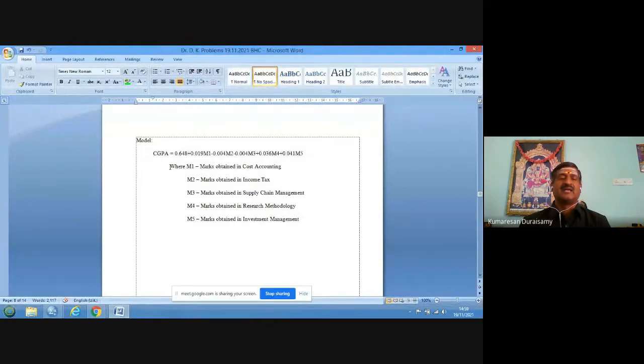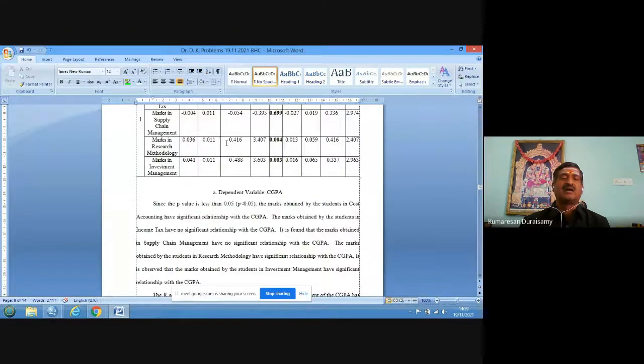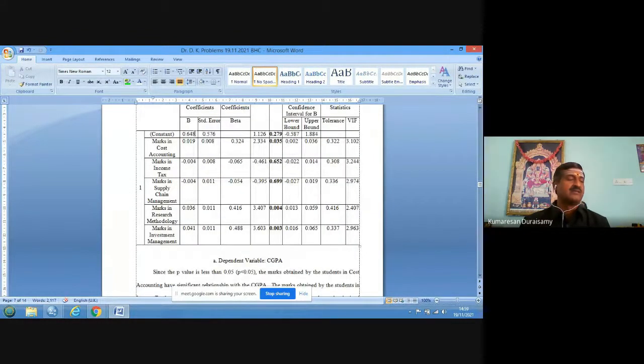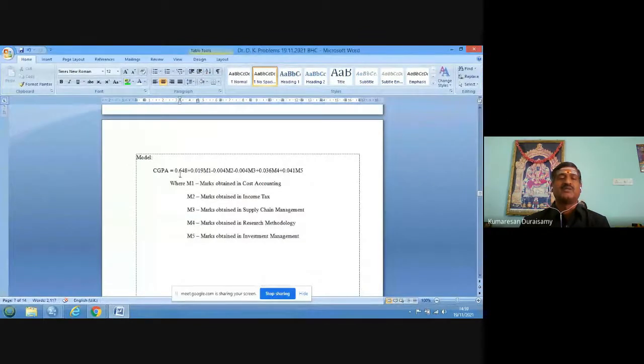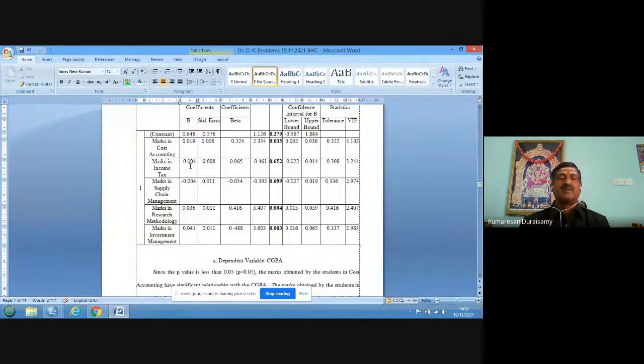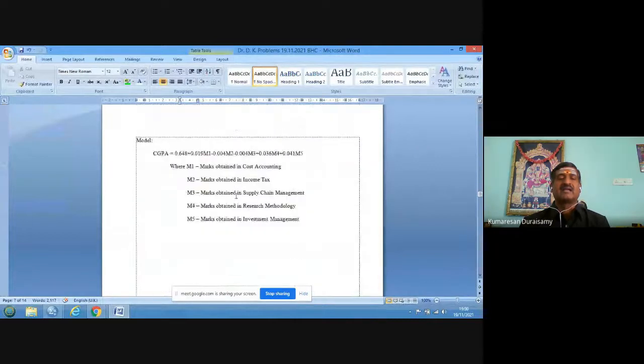Now look at the model equation. CGPA equal to 0.648. That is a constant, the constant A value. Then B1, 0.019 M1.